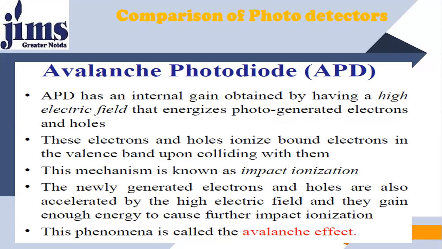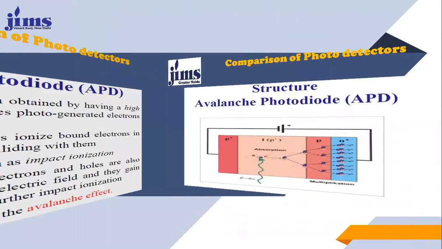The newly generated electrons and holes are also accelerated by the high electric field and gain enough energy to cause further impact ionization. This phenomenon is called the avalanche effect, and that's why the name is avalanche photodiode.